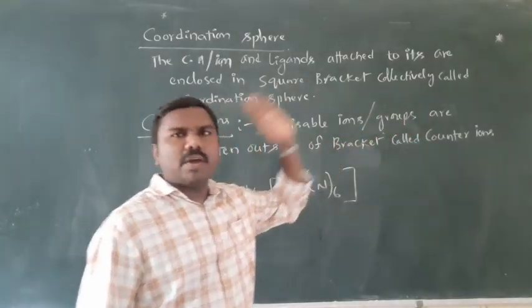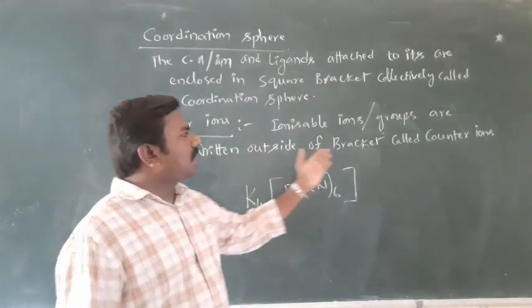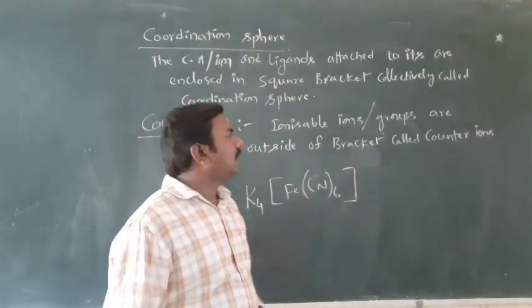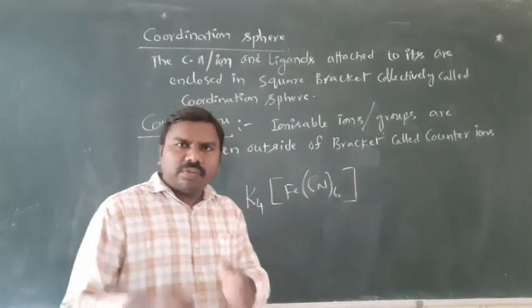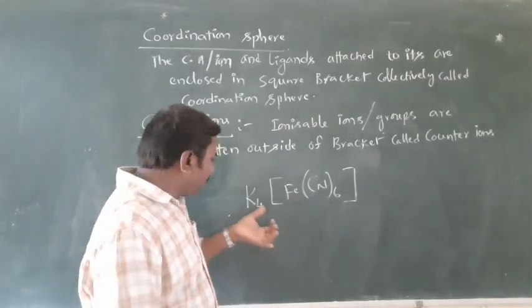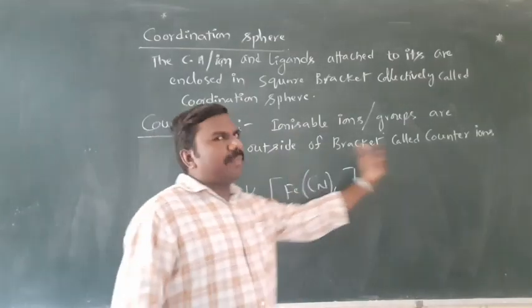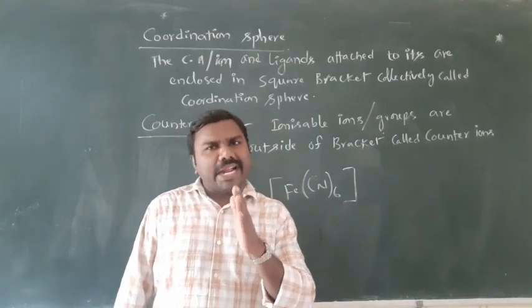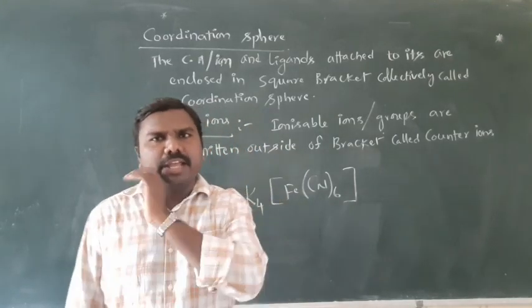Ionizable groups or ions written outside of the bracket, before the bracket or after the bracket, are called counterions. If written before the bracket, it is a positive ion; after the bracket, a negative ion. It means everywhere you need to write the cation first, followed by the anion.